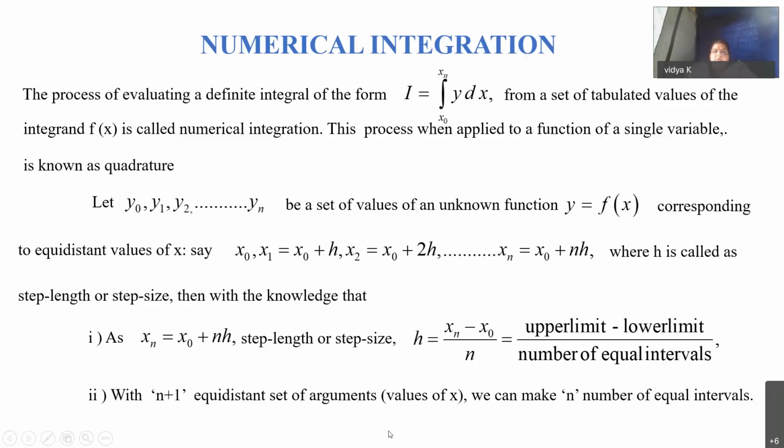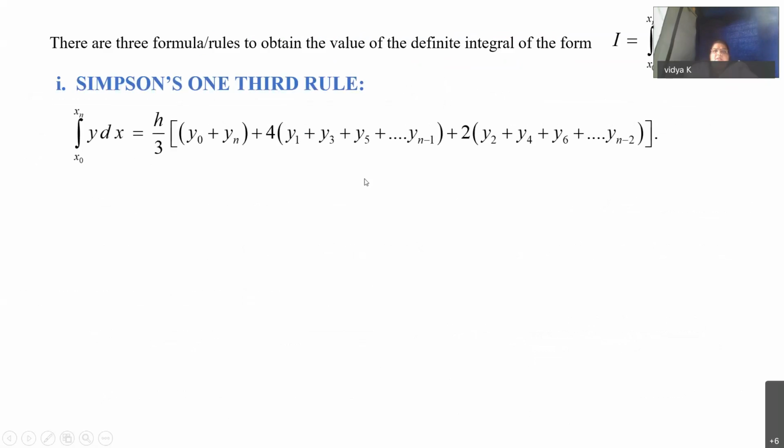With this knowledge, your syllabus is constrained to three formulas. One is Simpson's one-third, next is Simpson's 3/8, and the last one is the trapezoidal rule. In Simpson's one-third rule, see here, the beauty of numerical integration is that they are not using any technique of integration. By mere substitution of observed values, you are able to evaluate the definite integral.